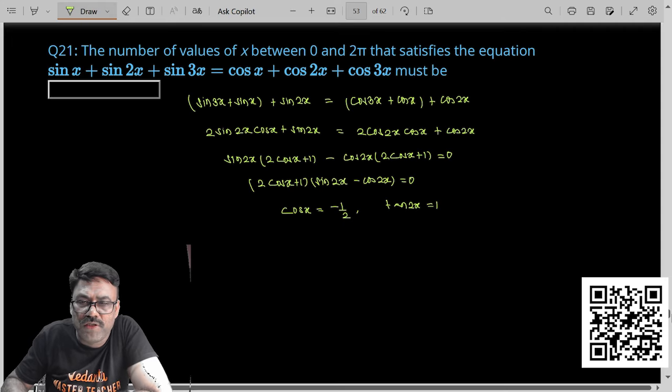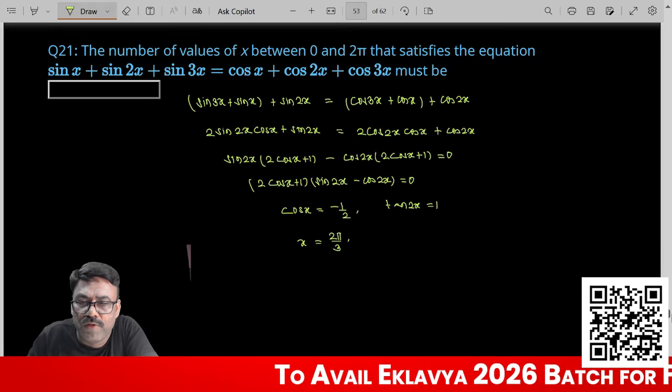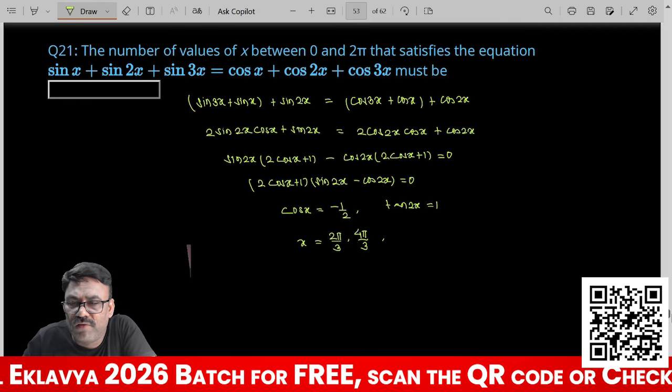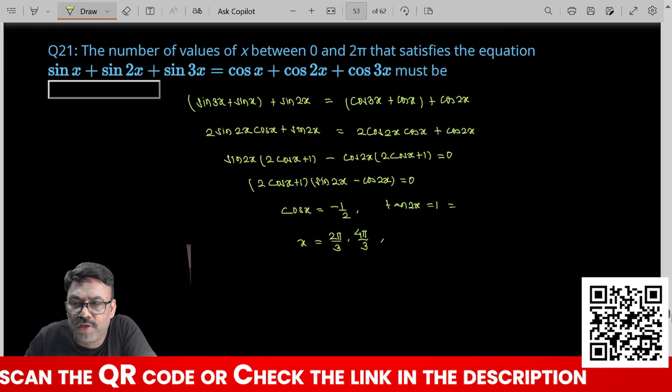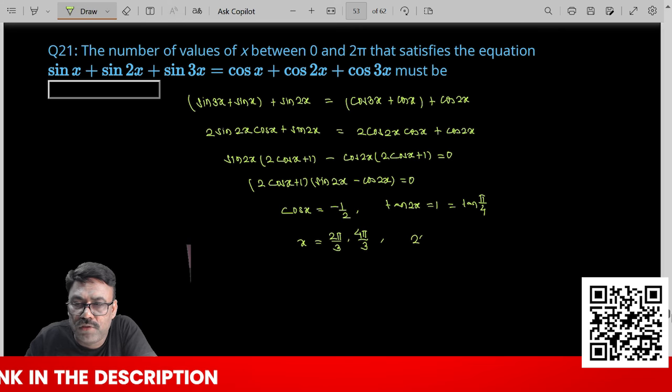Cos x is equal to minus half gives you two solutions in 0 to 2 pi. The two solutions are 2 pi by 3 and 4 pi by 3, second quadrant and third quadrant. And tan 2x is equal to 1 will give you tan pi by 4. So tan theta equals tan alpha, so theta will be n pi plus alpha.